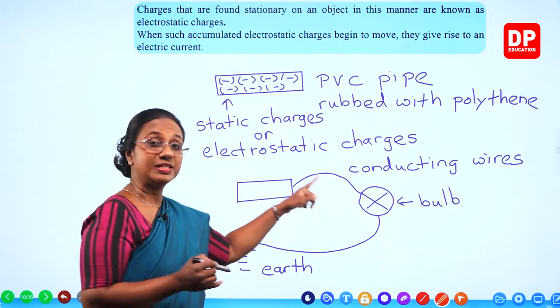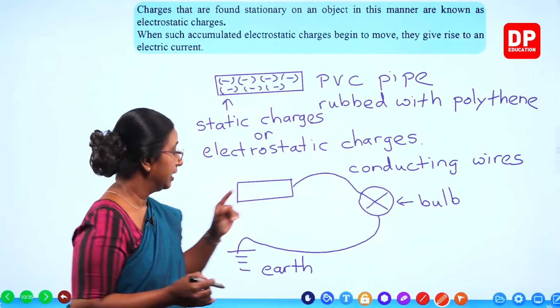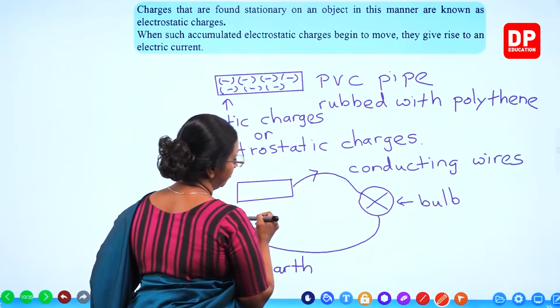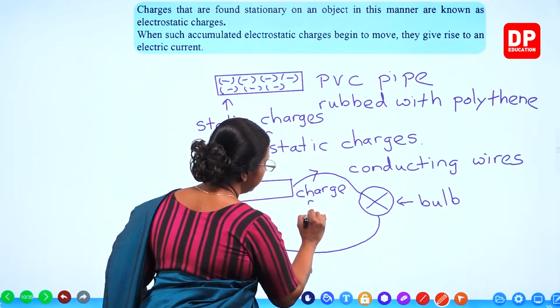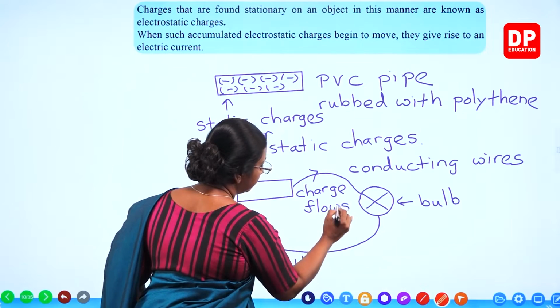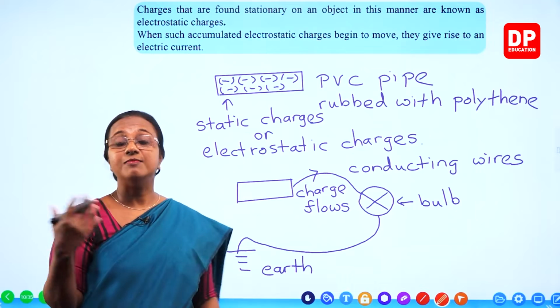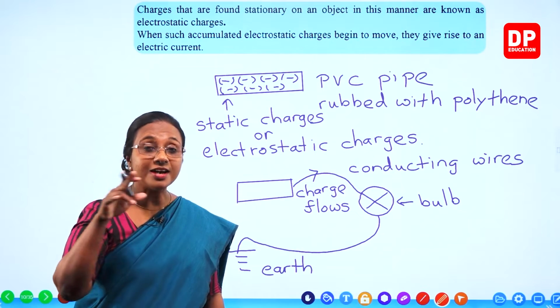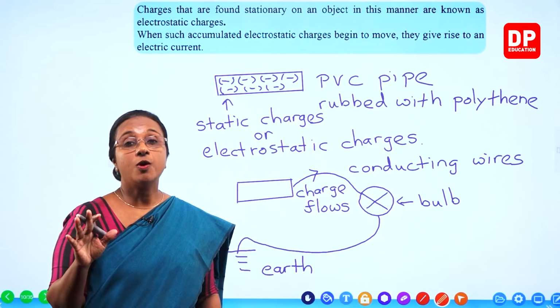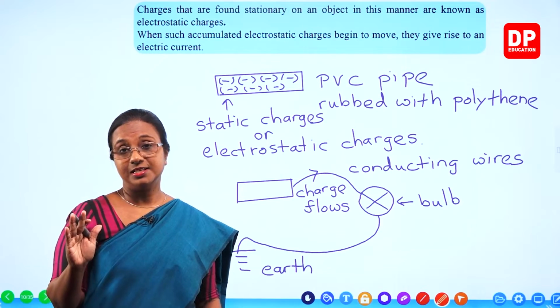Then the charges will start flowing. The negative charge will flow. What will you see? The bulb will light. And at that time, when the charges are flowing, we call it current electricity.